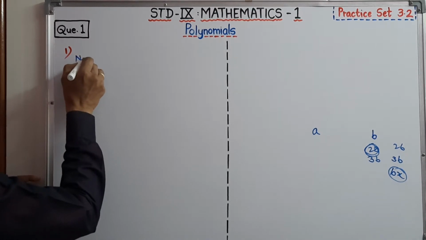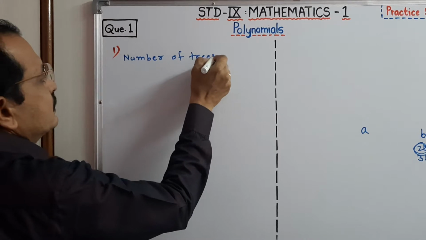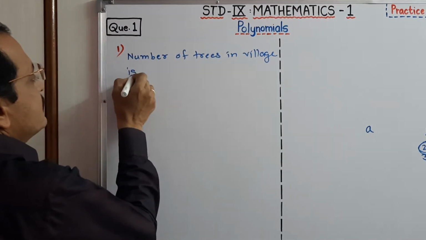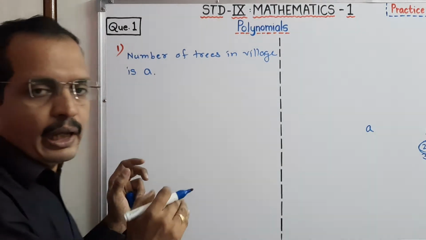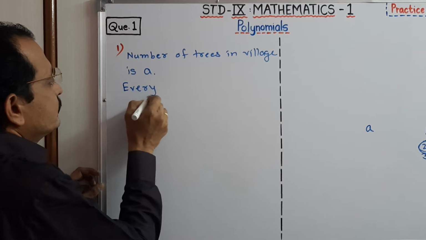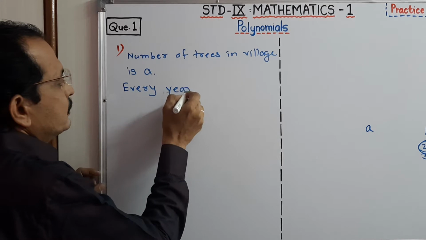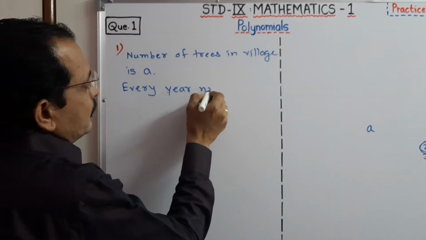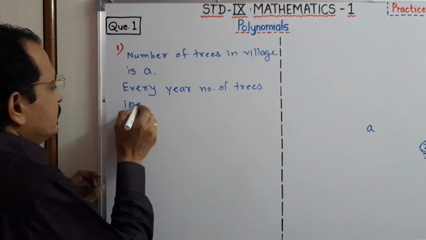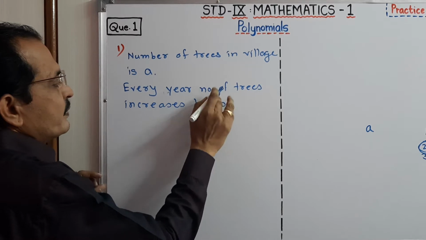Now first of all, the number of trees in the village is a. Original trees are a. Every year the number of trees increases by b.